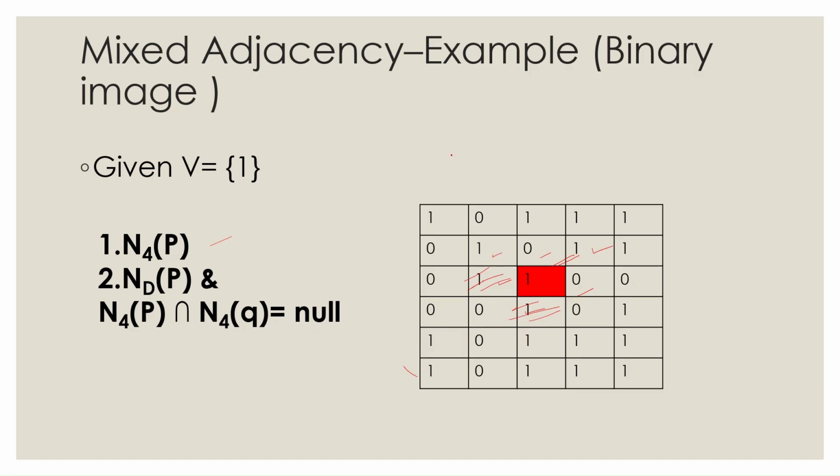So simply we can say for M adjacency, a horizontal or vertical relationship is preferred more than the diagonal relationship. Okay, so horizontal or vertical has more preference than the diagonal.